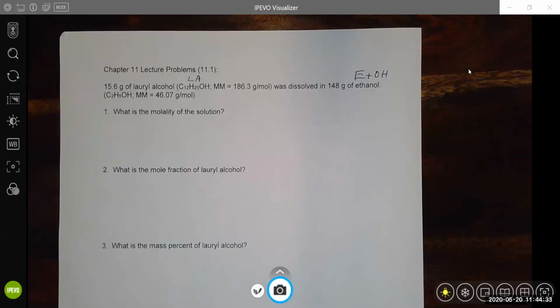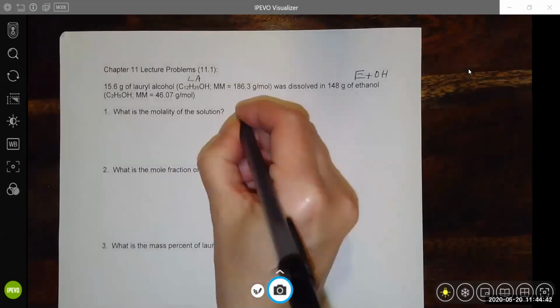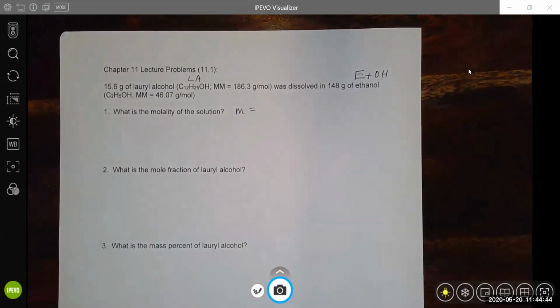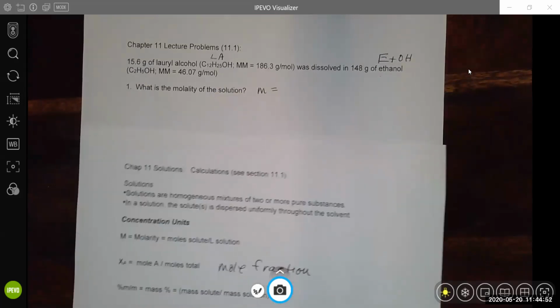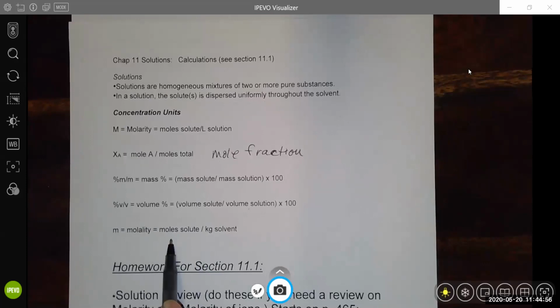All right, so we want to calculate the molality of the solution. If we go back to the previous page, down at the bottom, molality is moles of solute per kilogram of solvent.